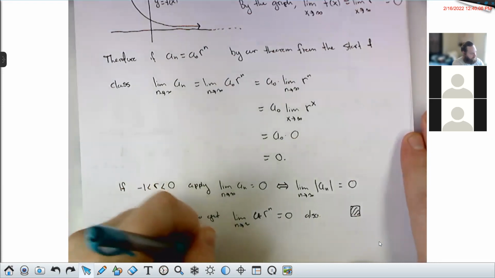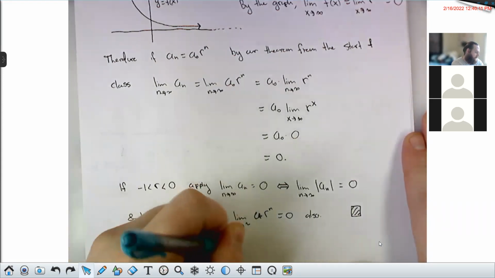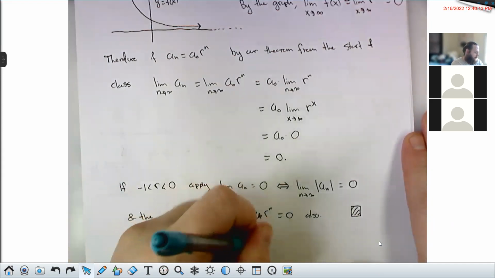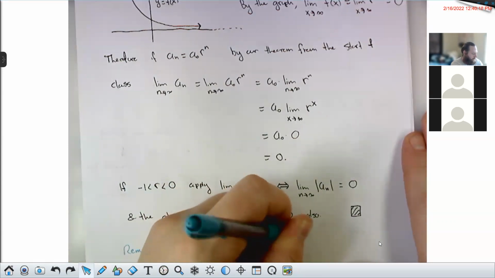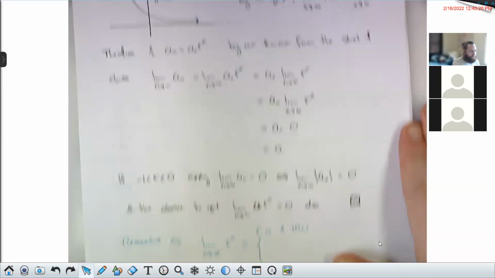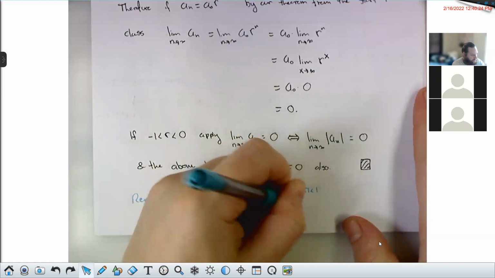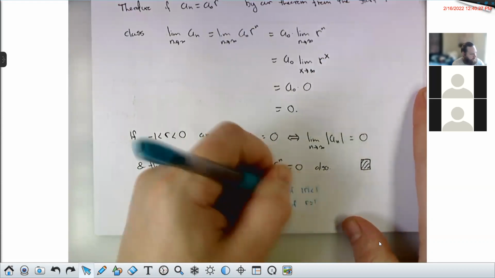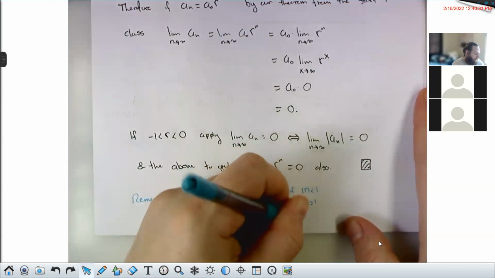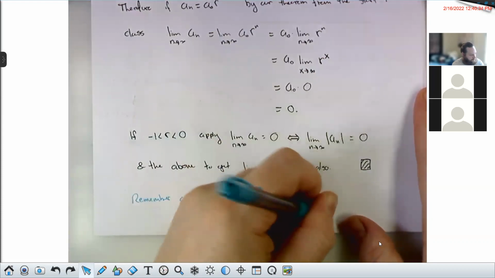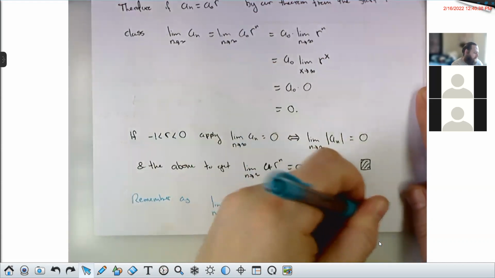is the limit as n goes to infinity of r to the n. There are a few possible cases. The most important one is 0 if the absolute value of r is less than 1; 1 if r is equal to 1; and divergent if r is -1 or the absolute value of r is bigger than 1.